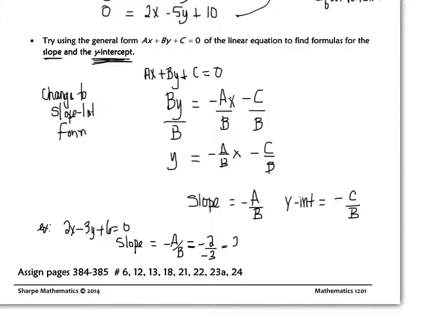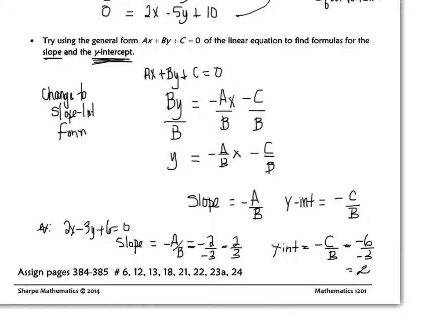So that would be 2/3. And the y-intercept should be the negative c over b value, which would be negative 6 over negative 3, which would give you 2.